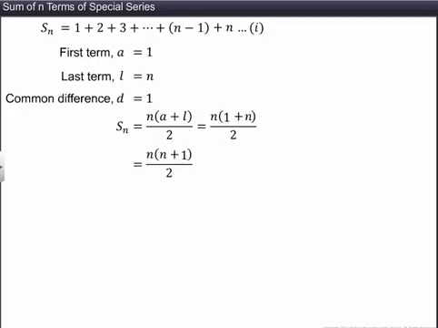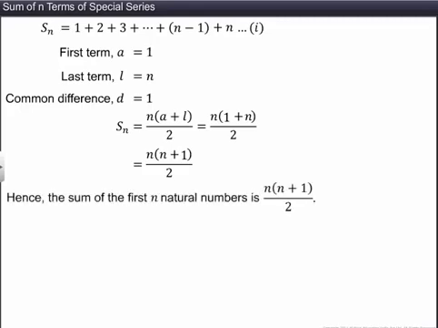Hence, the sum of the first n natural numbers is n into (n plus 1) whole divided by 2. The sum of the first n terms is denoted by summation of k, where k is from 1 to n.